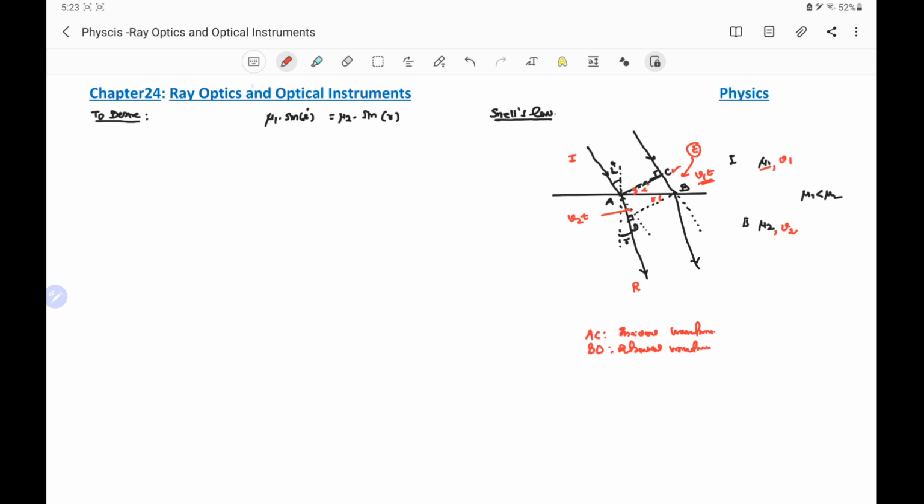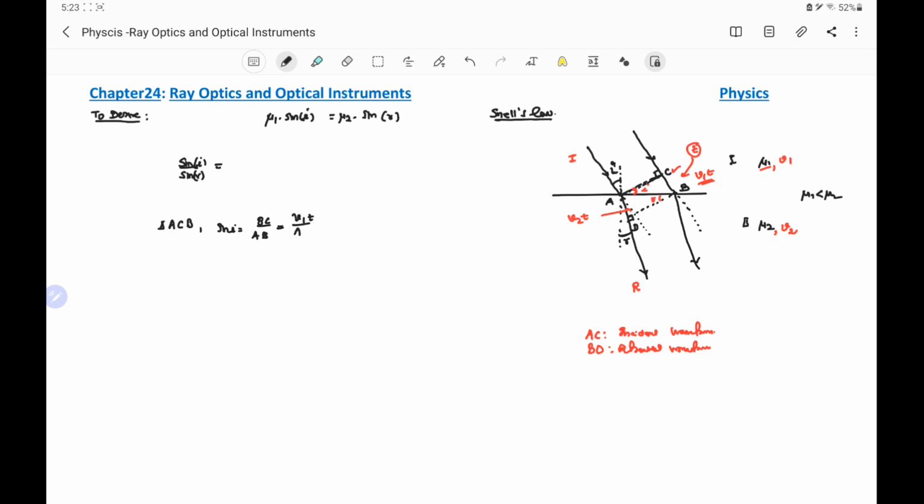So we can find sin I by sin R. This is the ratio of the sine of the incidence angle and the sine of the refracted angle. From geometry we can see that in triangle ACB, sin I is equal to perpendicular over hypotenuse, that is BC by AB, and BC is v1 t.